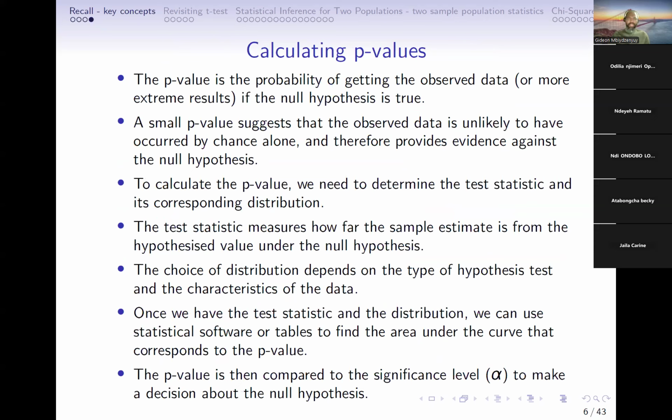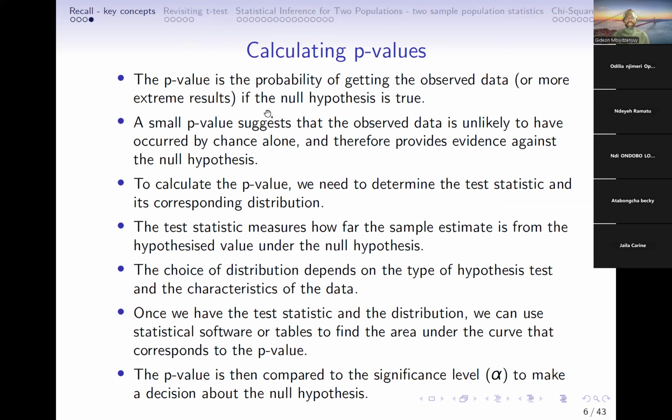We mentioned that the p-values, of course, are central to doing this test. As we said, they help us to determine if the statistic or the statistical error that we are making allows us to accept or to reject the null hypothesis.